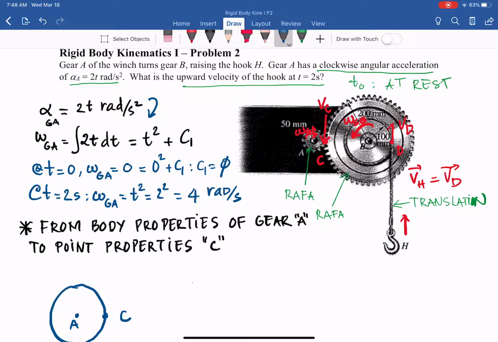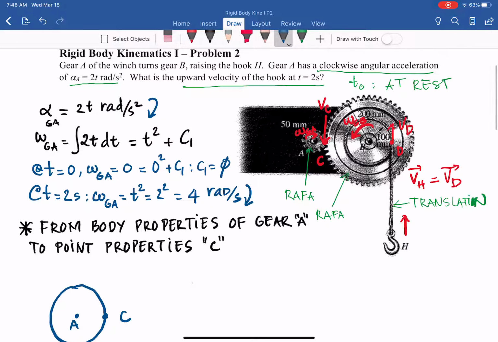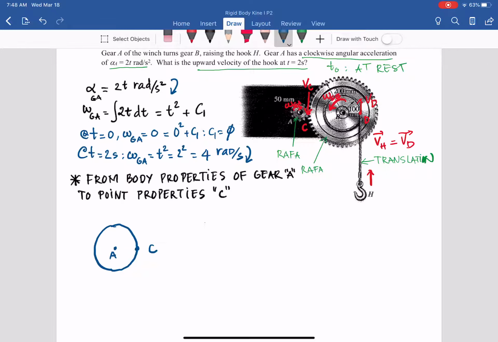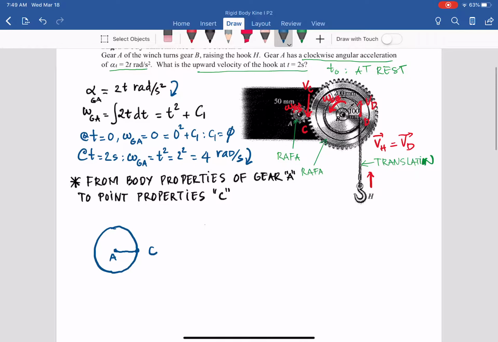So that means it is increasing speed, or accelerating, for gear A. So when it is accelerating, the alpha and omega have to have the same direction. So if it is clockwise, then that has to be clockwise. So keep that in mind before we continue. So reason ourselves. What is the direction? Very important.